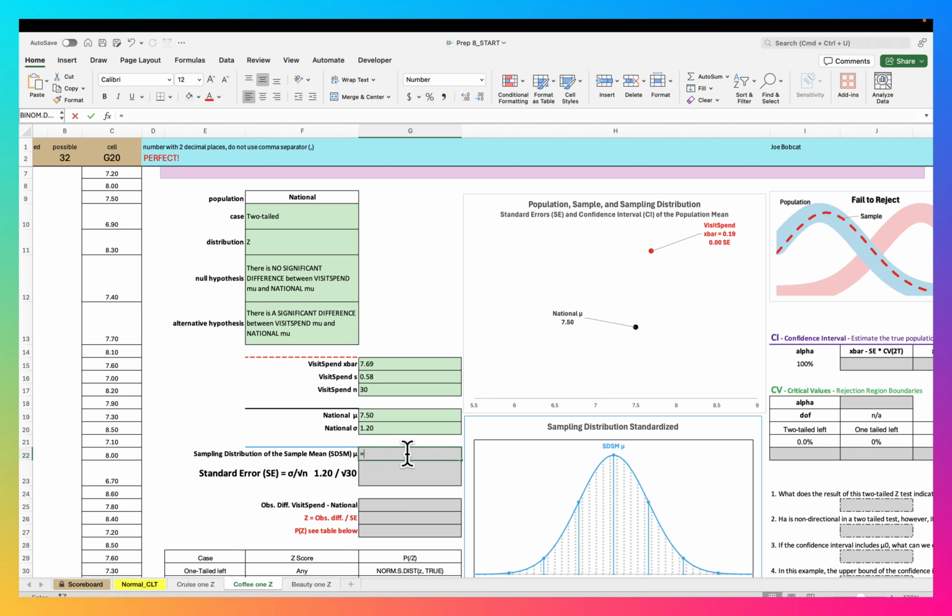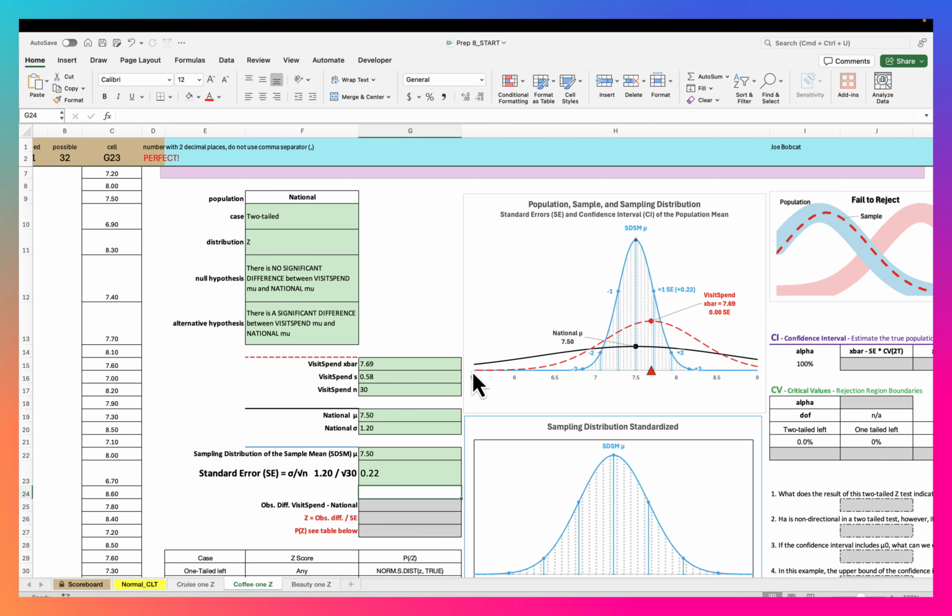So the mean of the sampling distribution is always the same as the population mean, and then the standard error is going to be sigma from the population divided by the square root of the sample size. All right. So real quick, does it pass the eye test? And the eye test is that, here's the sampling distribution.